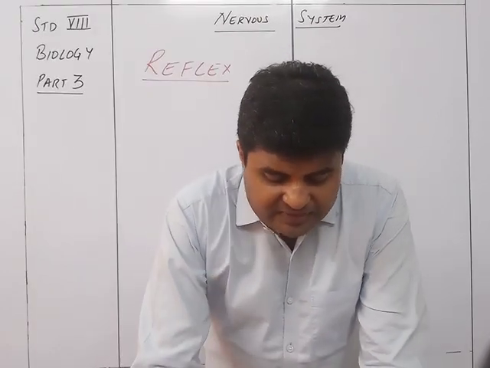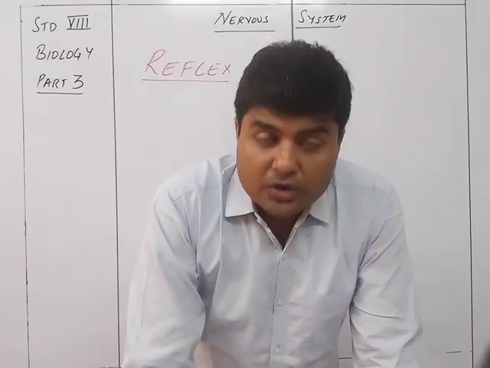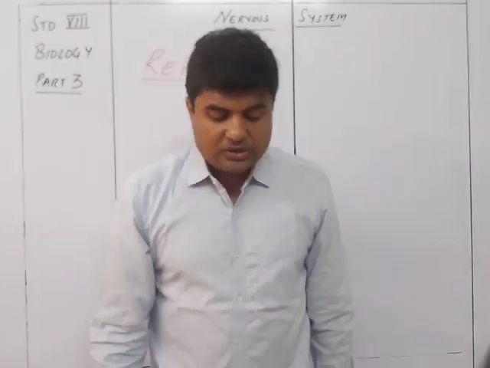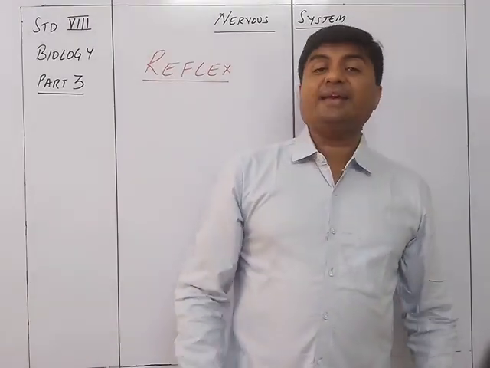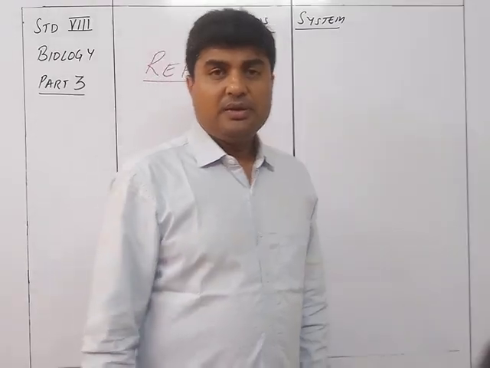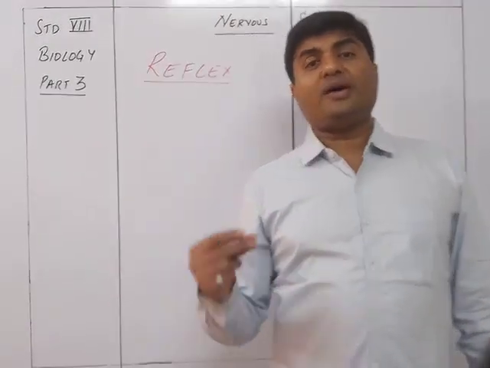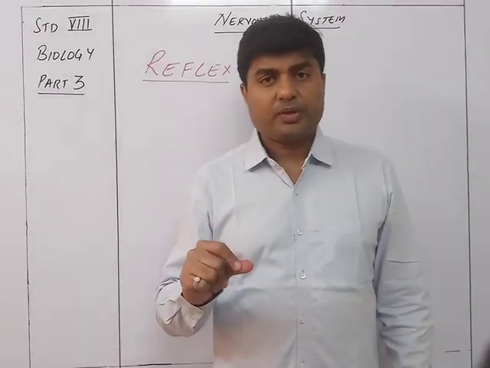So the peripheral nervous system and spinal cord together control certain actions where the brain is not involved. See, these are certain actions which require a prompt action.